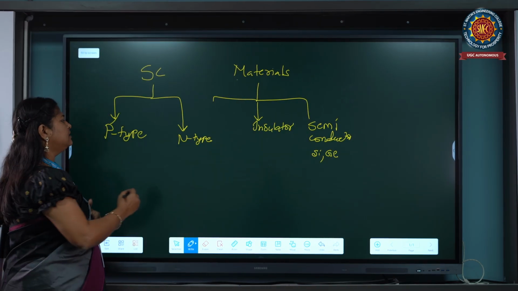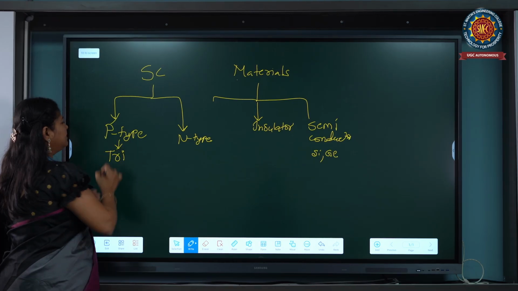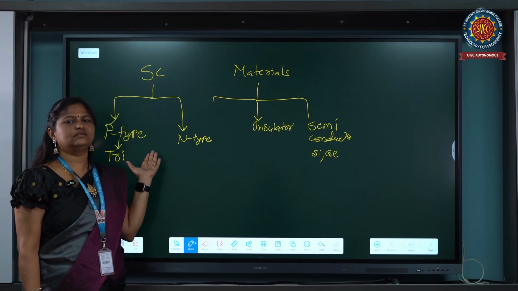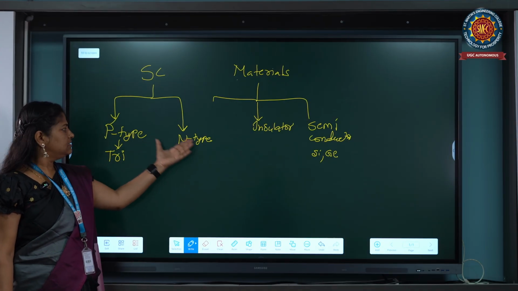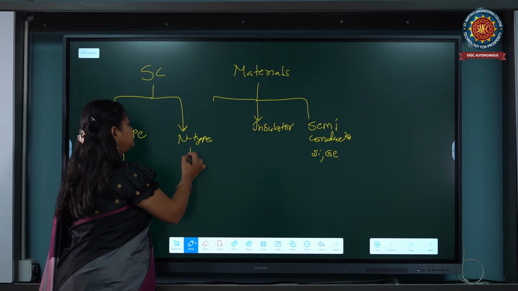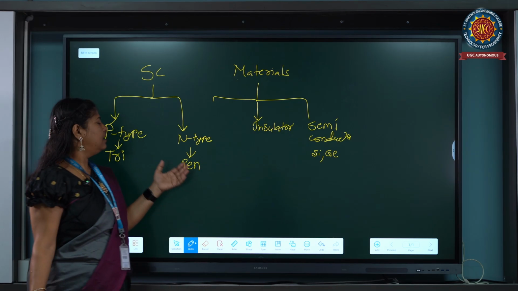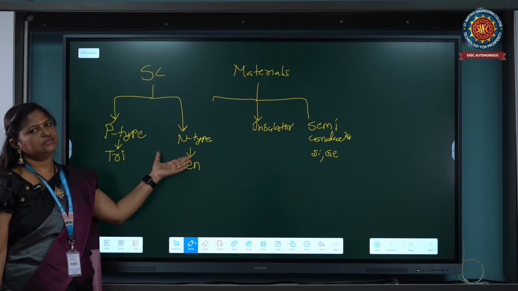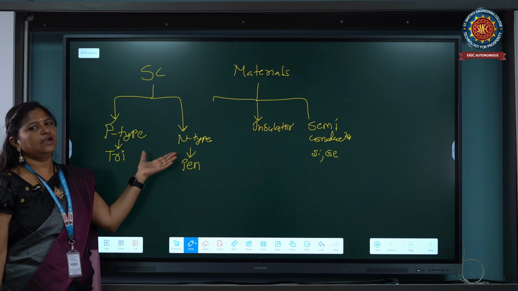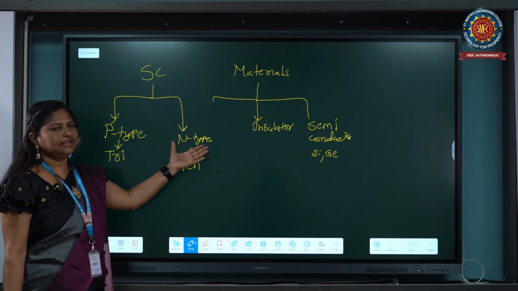If we add trivalent impurities, the material is called a P-type semiconductor, which creates a number of free holes. N-type semiconductors are made by adding pentavalent impurities like phosphorus, which creates a number of electrons. Electrons have negative charge, that's why it is called N-type.